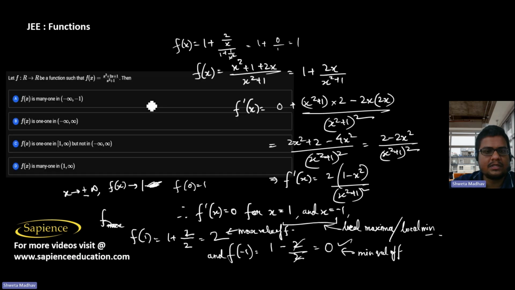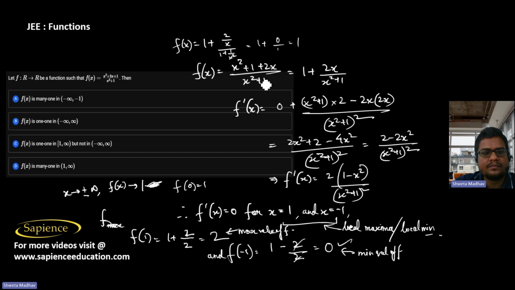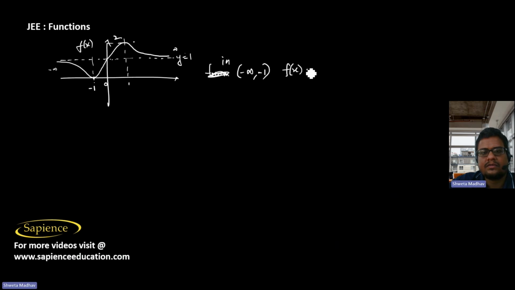So now here we can see that f of x is said to be many to 1 in -infinity to -1, but that is wrong, since in the interval -infinity to -1, f of x is 1-1.